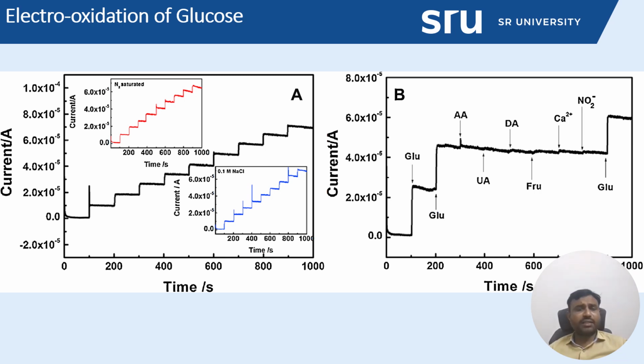So we performed this nitrogen-saturated measurement under similar identical conditions at the copper sulfide modified electrode. Before starting the measurement, we purged high purity nitrogen gas into the 0.1 molar NaOH electrolytic solution for 30 minutes. What will happen? The dissolved oxygen is completely eliminated.